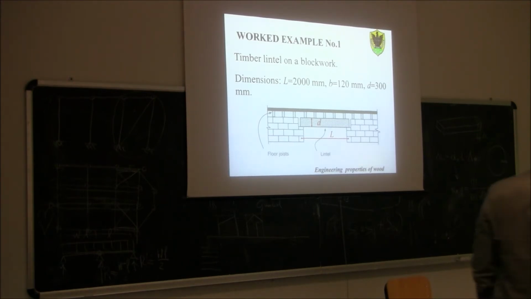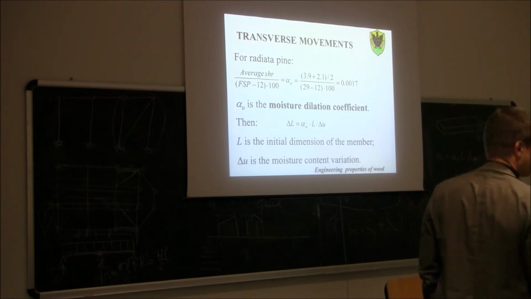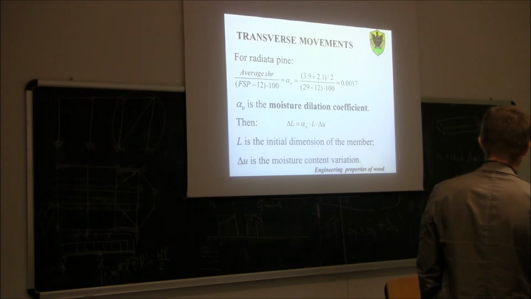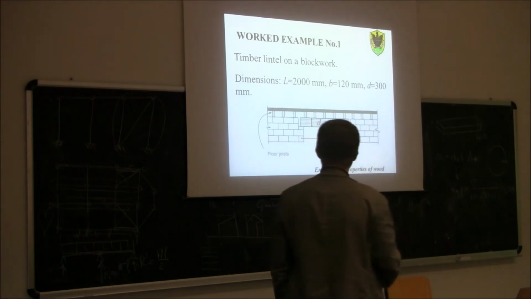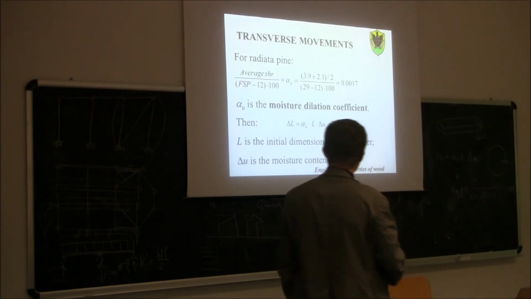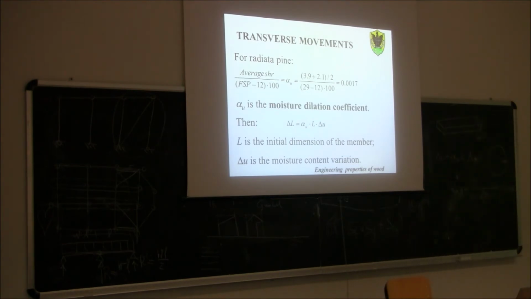We use the formula that we saw before: alpha times L times delta U. Alpha, in the direction parallel to the grain, in the direction of the length, is 0.00005, times L, which is 2000 millimeter, times delta U. How do you calculate delta U? In this case, we said 50%, and then the final value 12%. So delta U would be given by what?